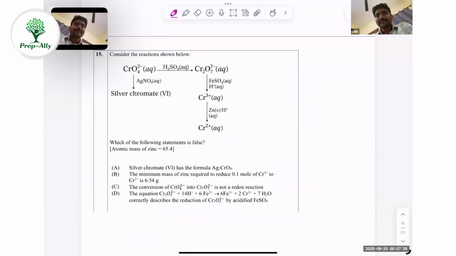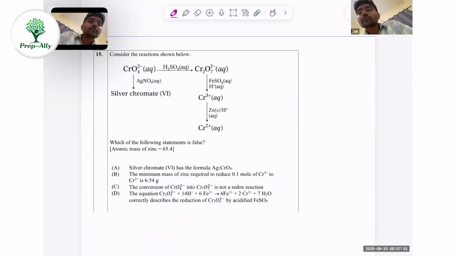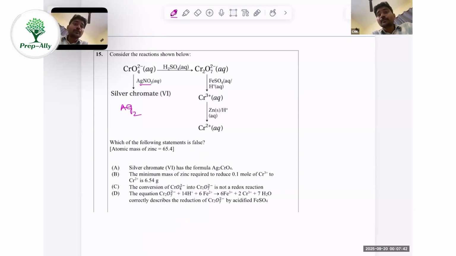Consider the following given reaction. Chromate ion is there, K2CrO4 or Na2CrO4, CrO4 2- aqueous. If you treat it with silver nitrate, we get silver chromate.